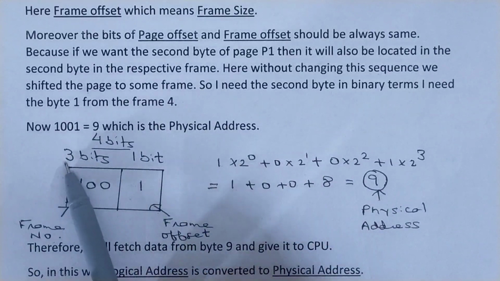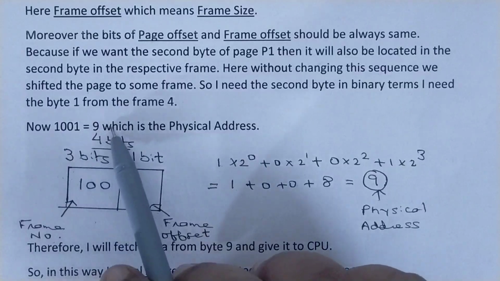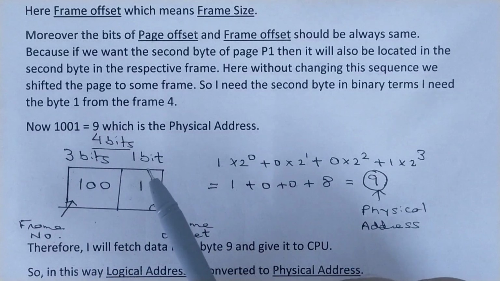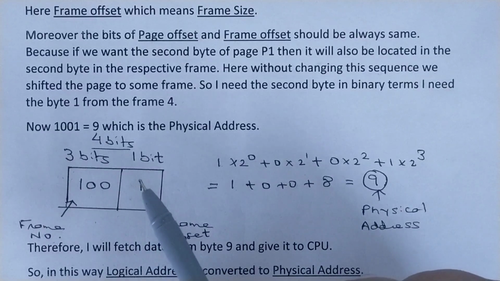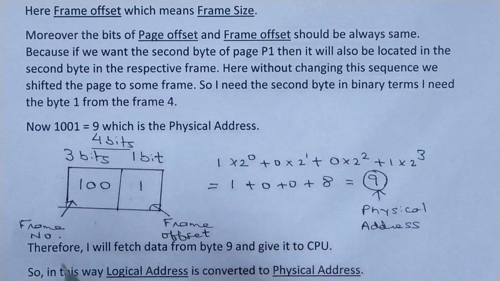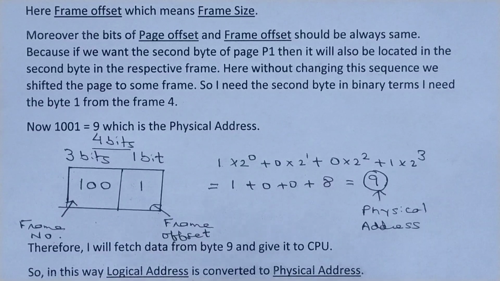Now 1001 is equal to 9, which is the physical address, where the first 3 bits, that is 100, is the frame number and the last 1 bit, that is 1, is the frame offset. Therefore we will fetch data from byte 9 and give it to the CPU. So in this way a logical address is converted to a physical address.